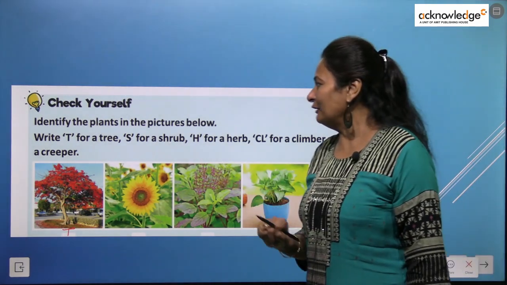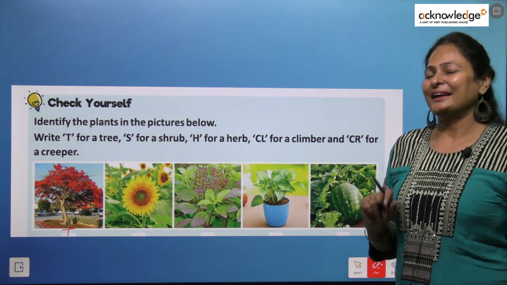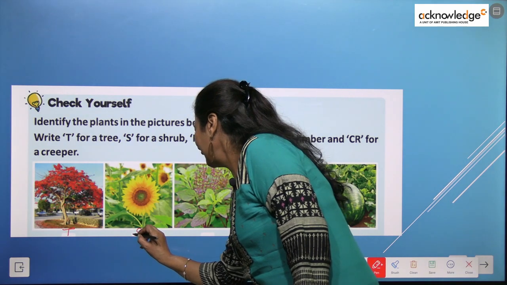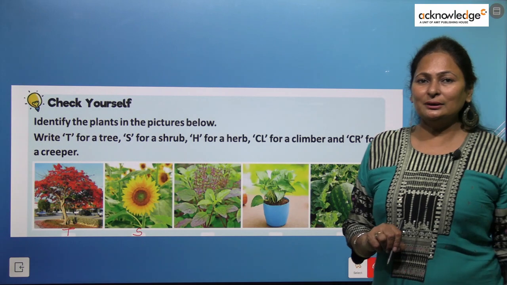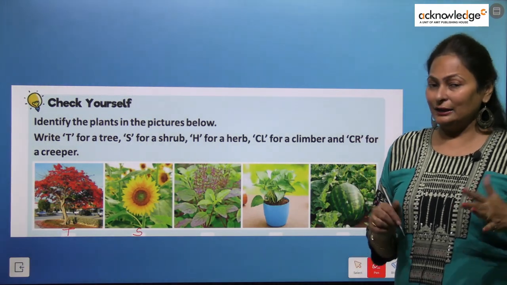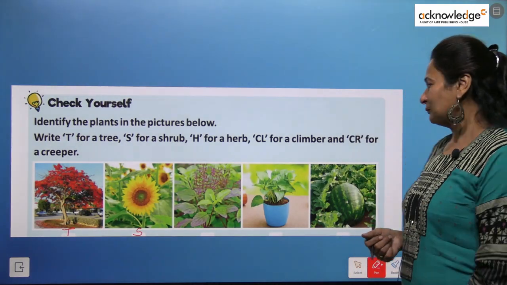Next is sunflower. Sunflower is what? It is an example of shrubs. So we will write down S here. We have discussed shrubs. They are smaller than trees, right? They are strong, but they are smaller than trees.